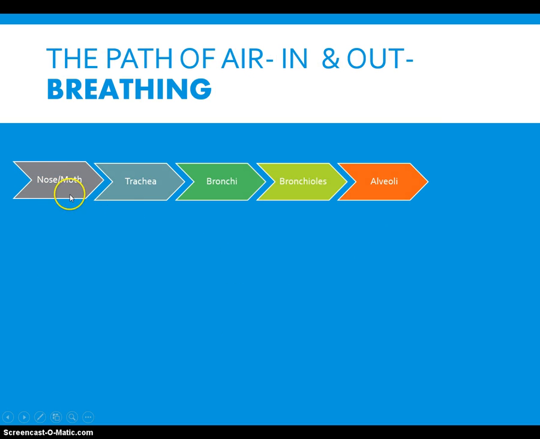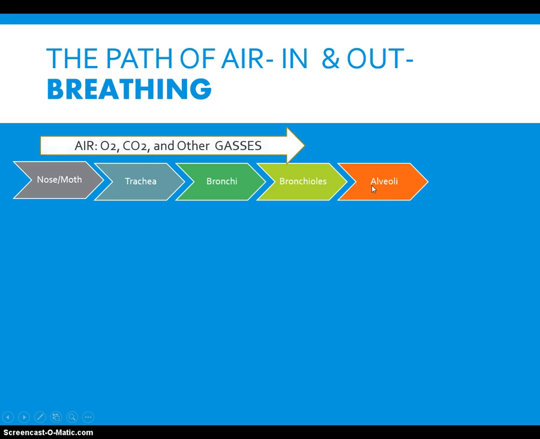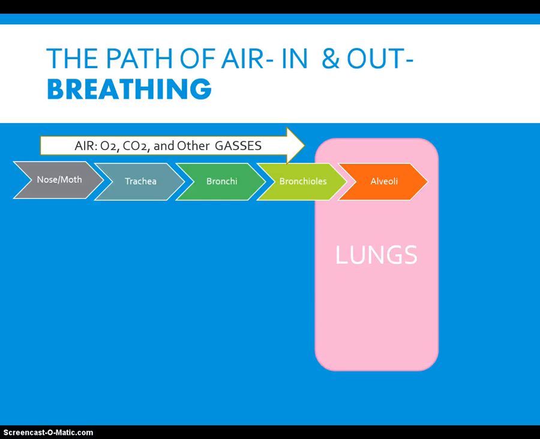So first of all, there's breathing. You use your nose, your mouth to bring air in, it travels through the trachea, the bronchi, the bronchioles, the alveoli, and all the air from the atmosphere goes down those tubes, down that passageway, until it gets to the lungs. Once it's in the lungs, which are in your body, the oxygen in the air is absorbed by the lungs and delivered to the body.